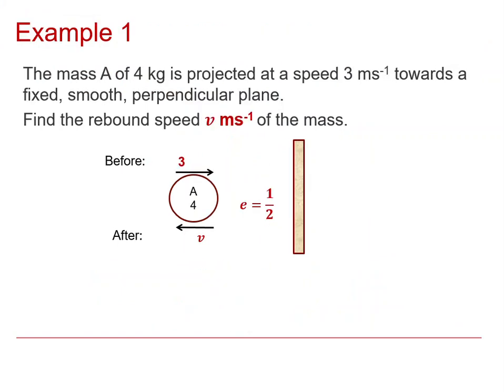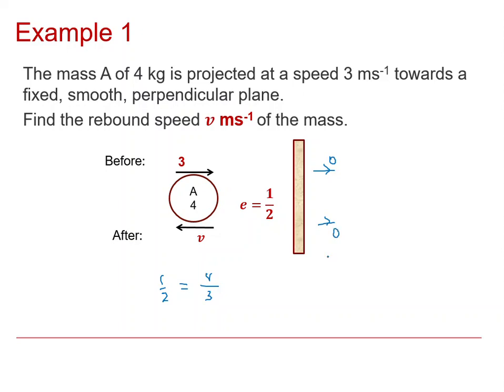So let's look at a simple case first. If we imagine the question as usual, what's the half equal to? It's the velocity of separation. Well, that's v clearly. Speed of separation is v over the velocity of approach, which is just 3, because in both cases, although we don't show it, you've got an initial and a final velocity of the wall of 0.